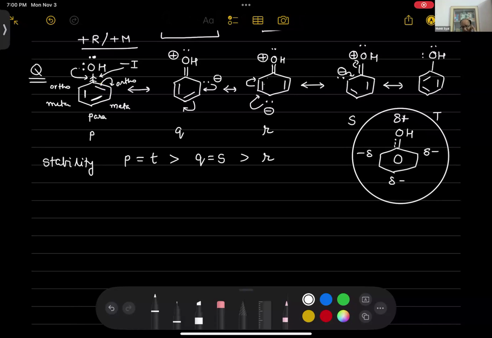And here the delocalization is happening between the lone pair and the pi electrons. And this is the hybrid. This is the actual structure which exists. Got it? Yes, sir.